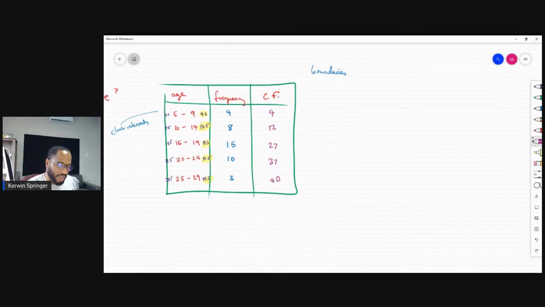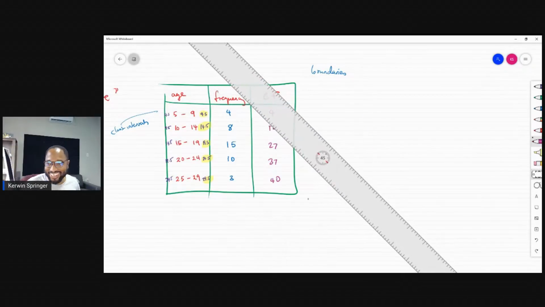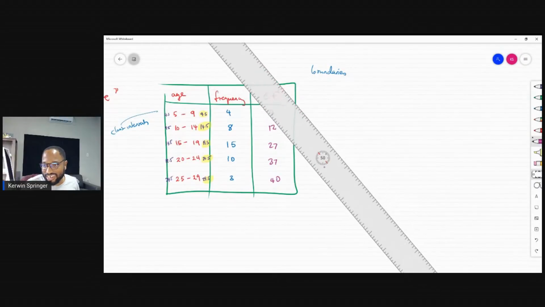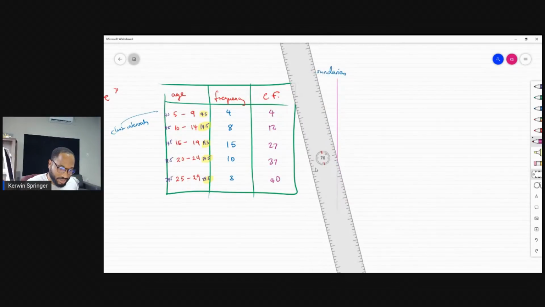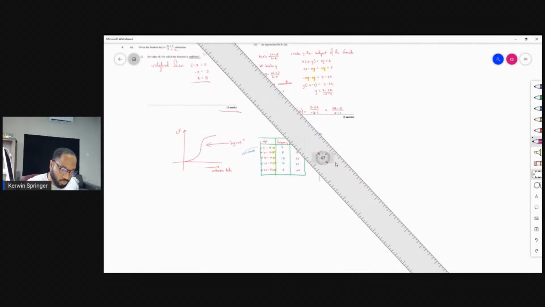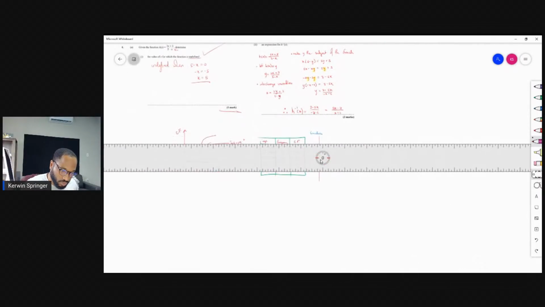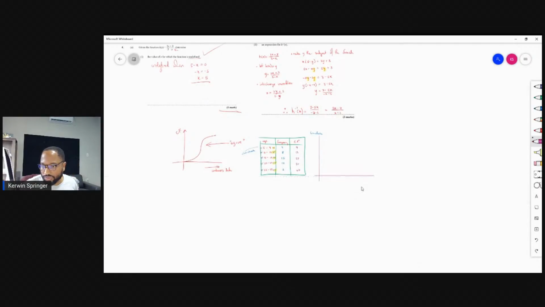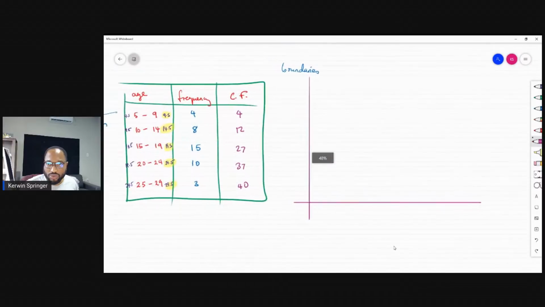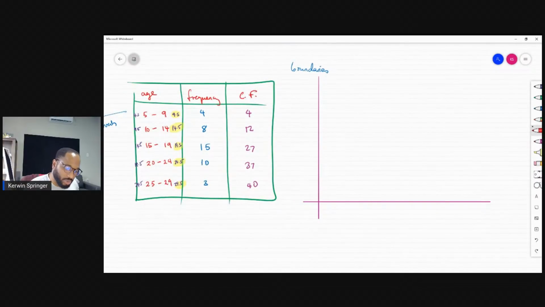And how do you draw the graph for this? Not drawn to scale. Let's do this graph. What you want on this axis is your cumulative frequency.